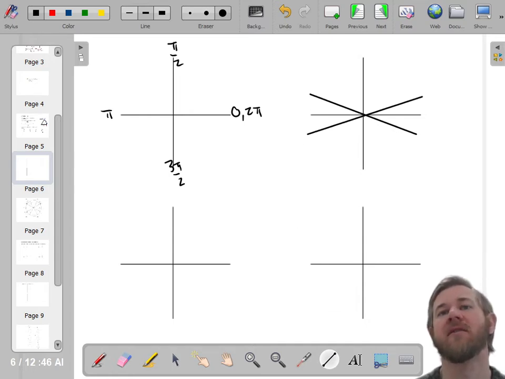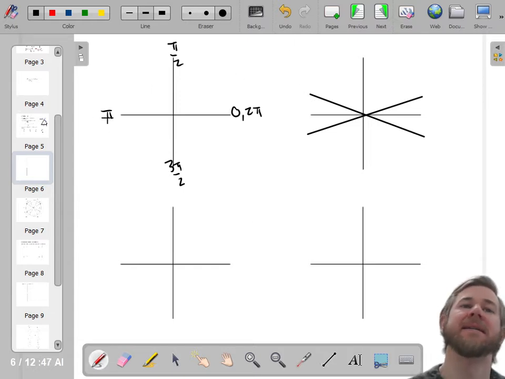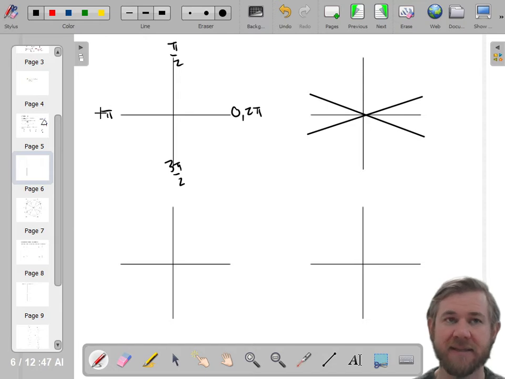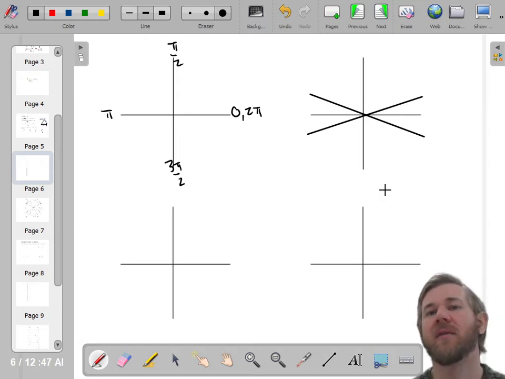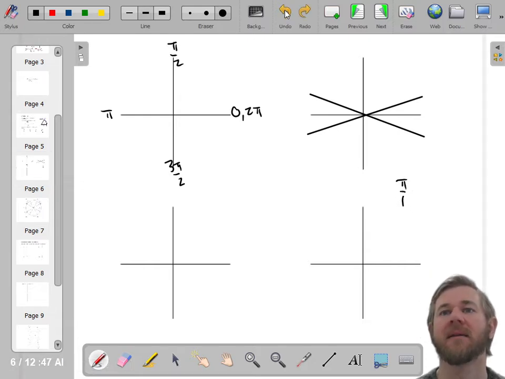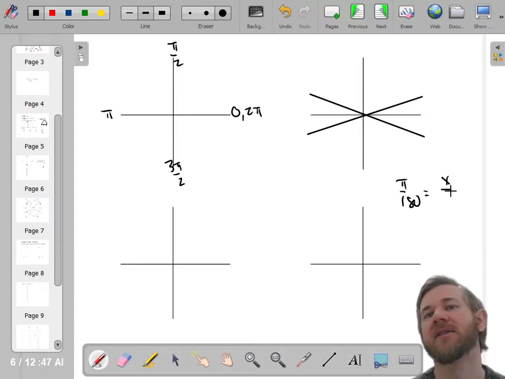For the 30-degree reference angles, if 180 is pi radians, we could create a proportion: pi over 180 equals, let's say, x over 30.